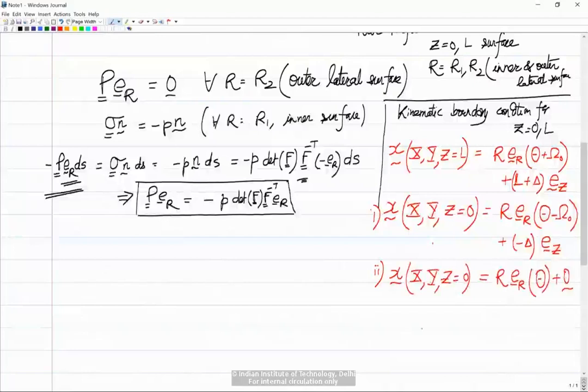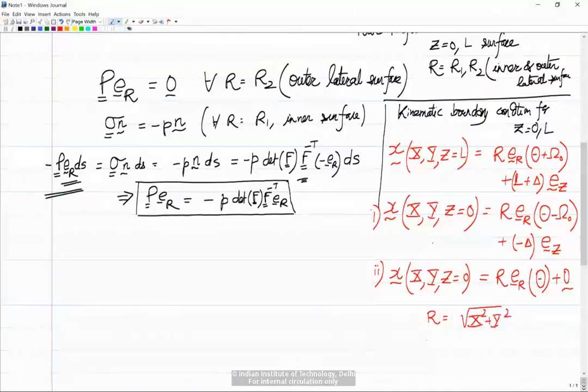Okay? Where this big R is square root of big X square plus big Y square, and this theta will be such that tan of this big theta is big Y over big X. That's how you transform from Cartesian coordinate system to cylindrical coordinate system, isn't it?